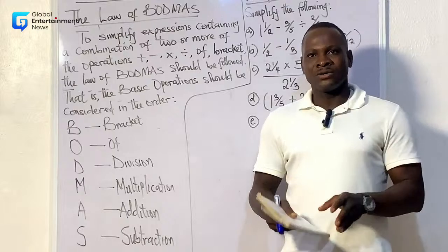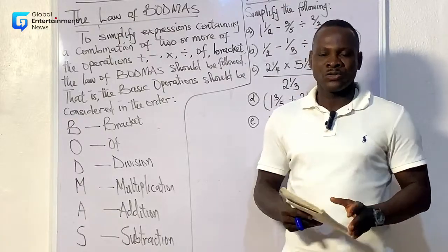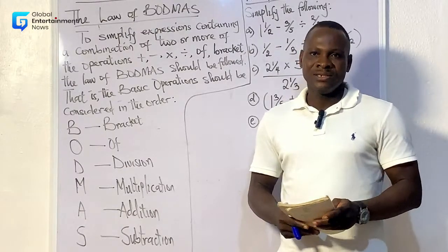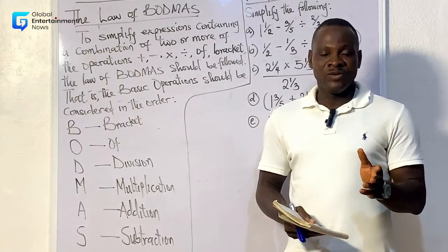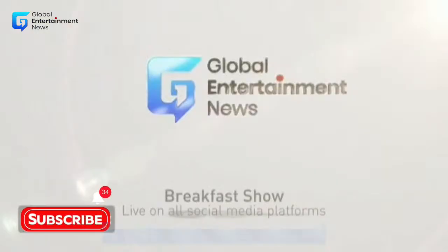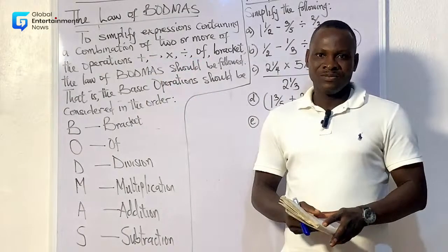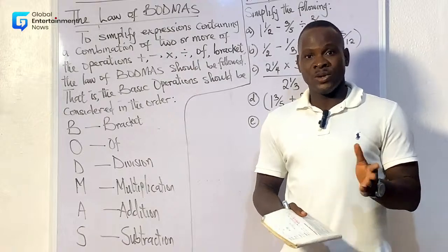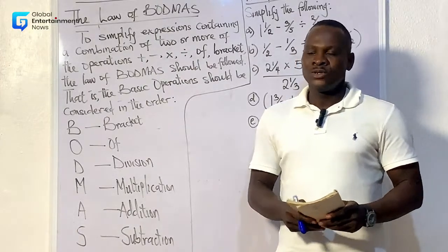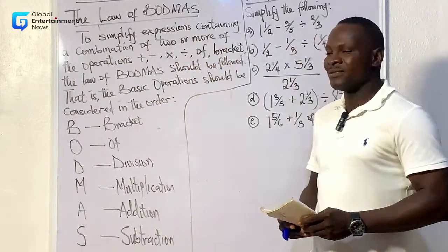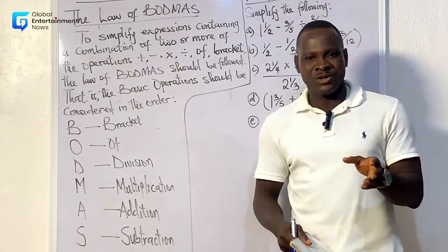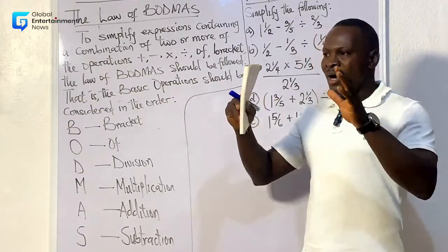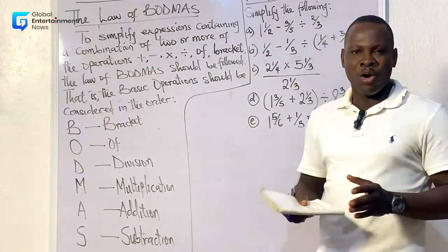You cannot talk about fraction without talking about the laws of BODMAS. If you remember vividly, the laws of BODMAS have been an ancient term in mathematics since you were in elementary class. The laws of BODMAS are used to simplify an expression containing a combination of two or more operations.